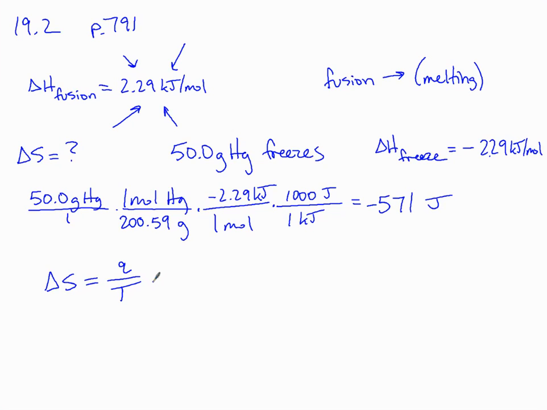And so we're just going to plug in some numbers. Negative 571 joules. And the temperature they gave us in the question, and we kind of just breezed over it. Temperature was negative 38.9 degrees Celsius.